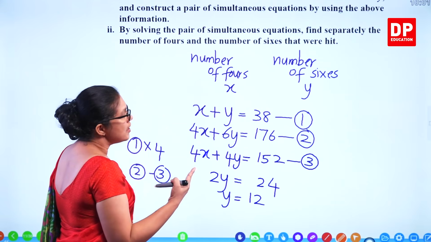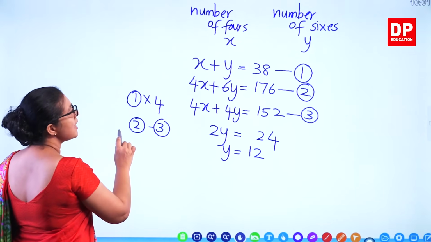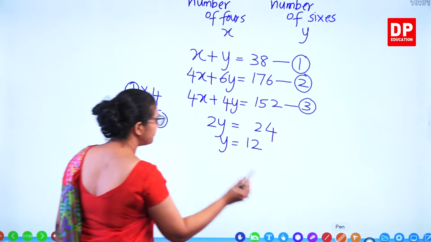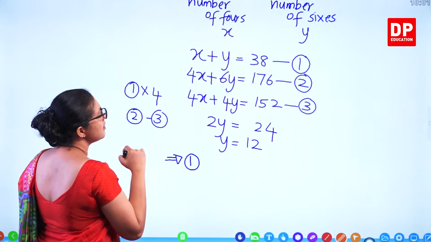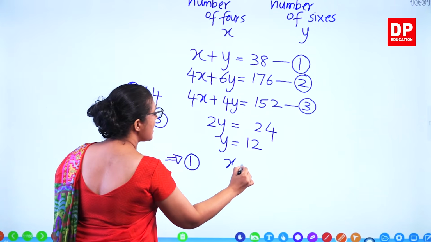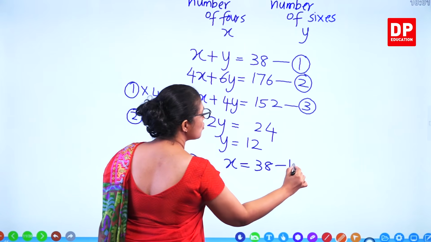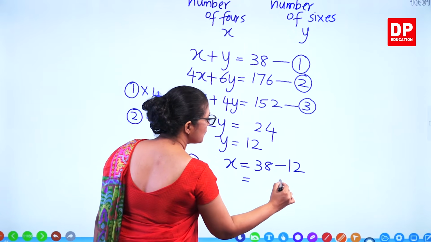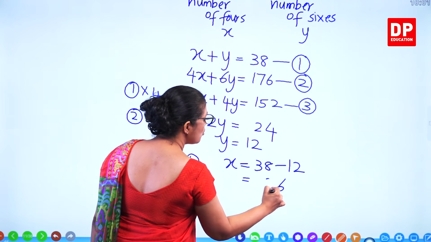Now substitute it in one of the equations and find the x value. You can take any equation. I'm taking the first one because it's easy to find x. So x is 38 minus y, that's 38 minus 12, so you get 26.